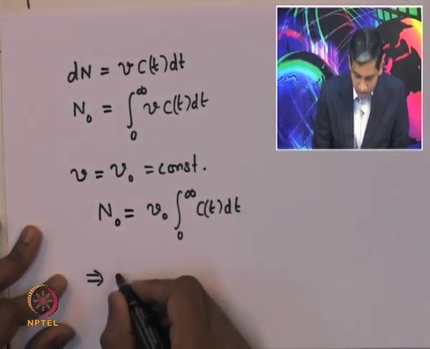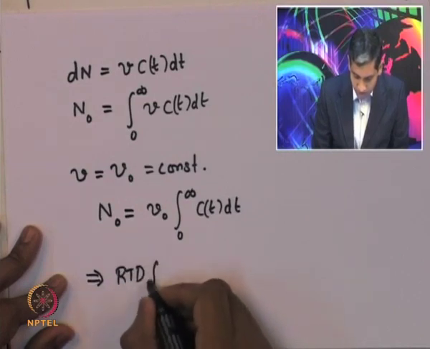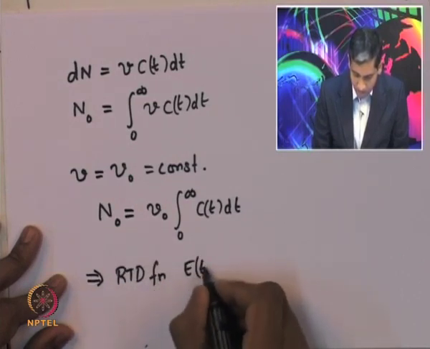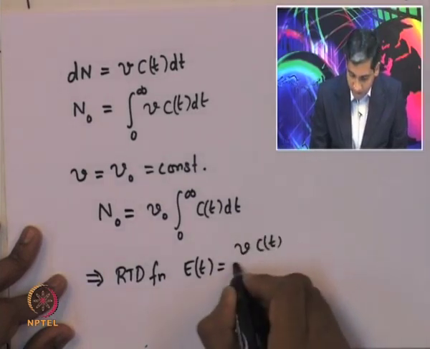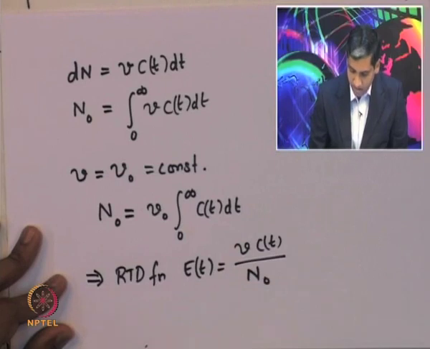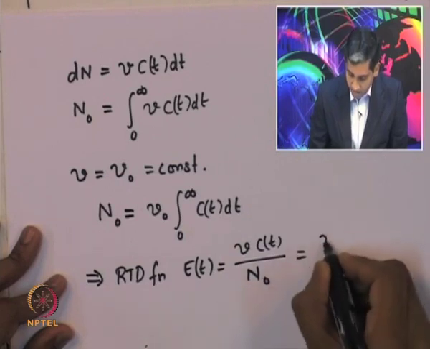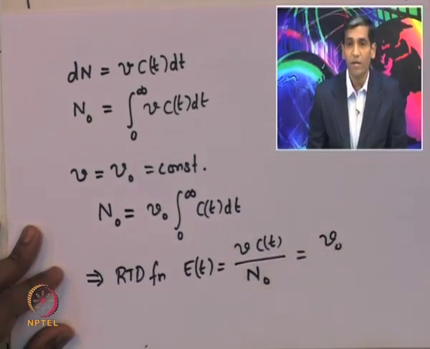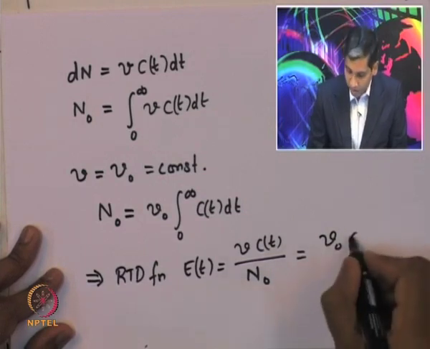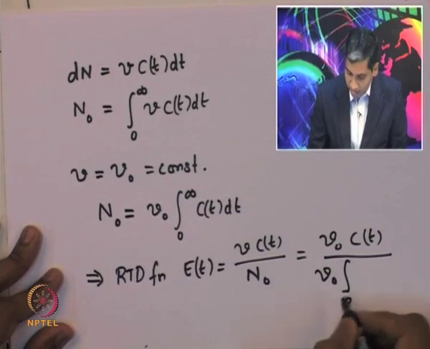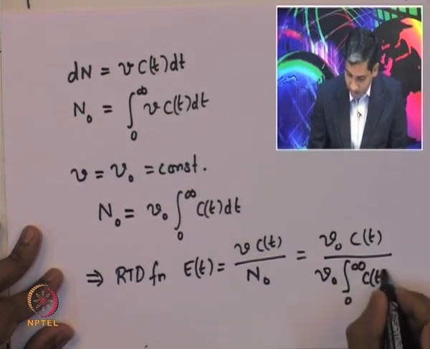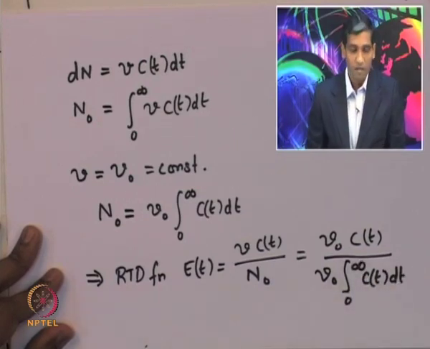Therefore, the residence time distribution function E of t is given by V into C of t divided by N naught, and that is V naught into C of t divided by V naught into the integral from 0 to infinity of C of t dt, because we assume the effluent stream volumetric flow rate is constant.